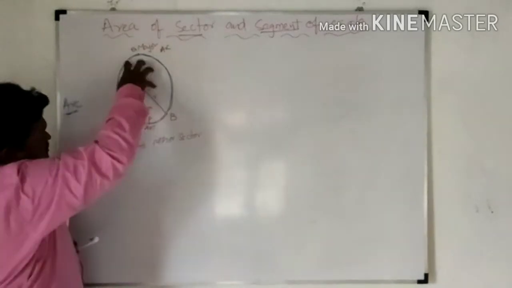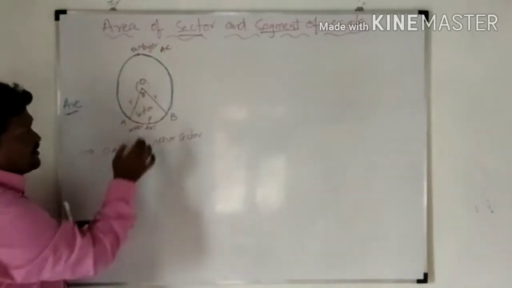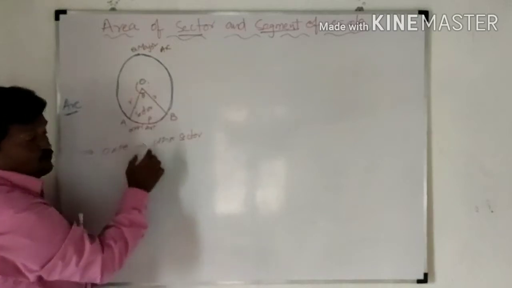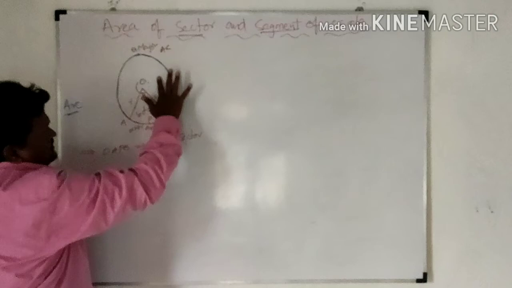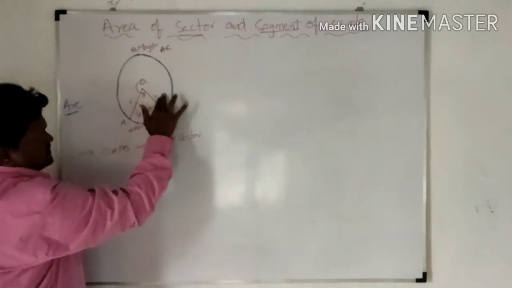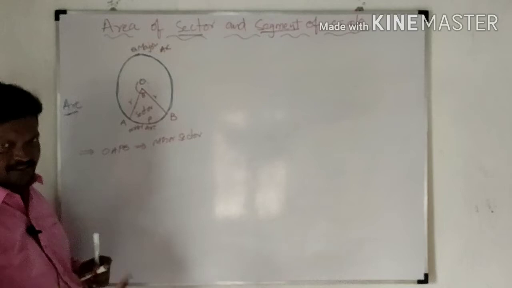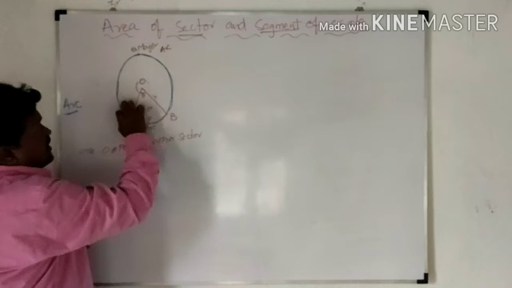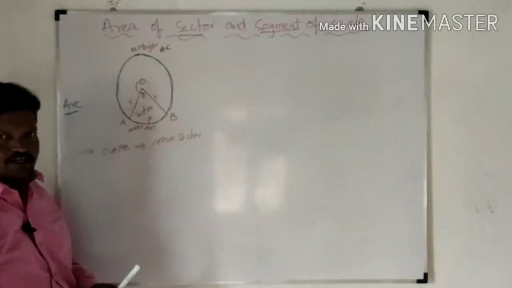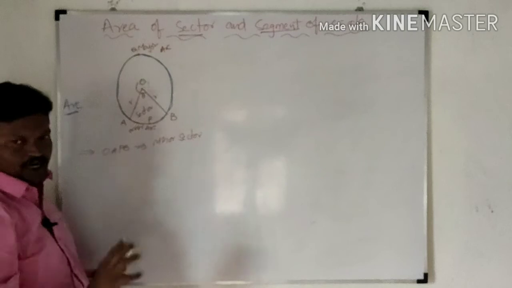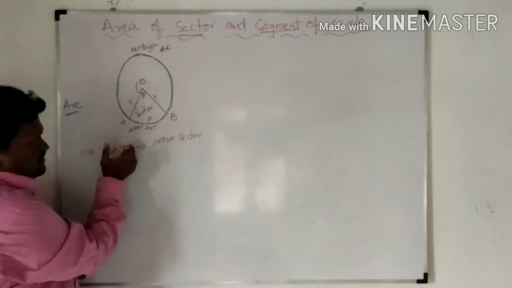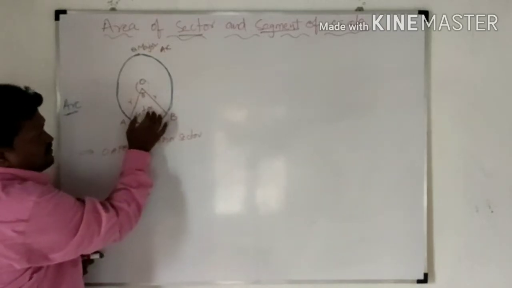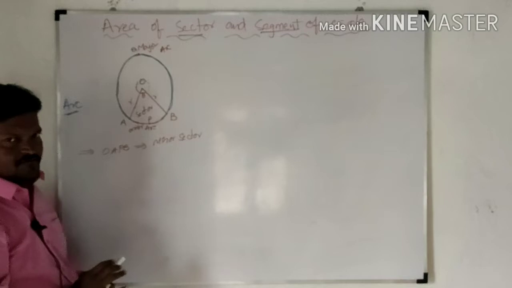So here the major arc and minor arc both are formed with two radii, but the minor sector is formed by two radii and its corresponding minor arc. But this major sector, this circular portion, is called major sector, meaning big sector. This major sector is also formed with the same radii and its corresponding major arc. But the common thing is two radii. With their corresponding minor arc, if there is a sector, it is called a minor sector.